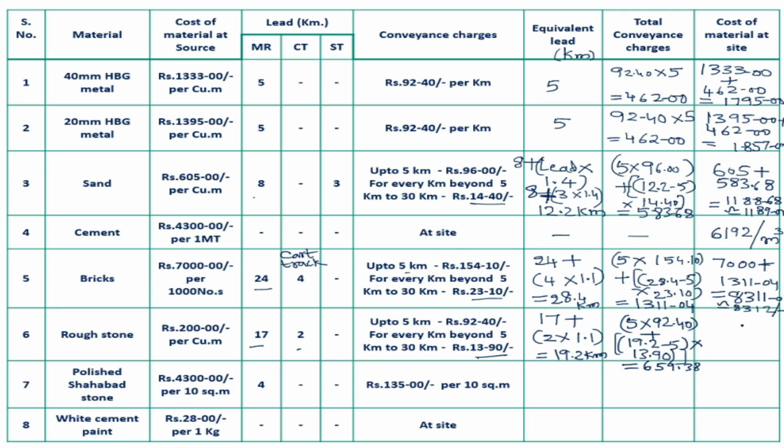The total cost at the site is equal to 200 rupees plus 659.38. Total cost is 859.38, so round it to 860 rupees per cubic meter.